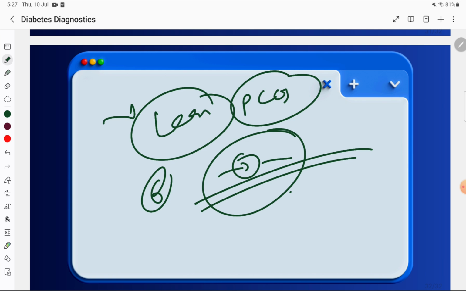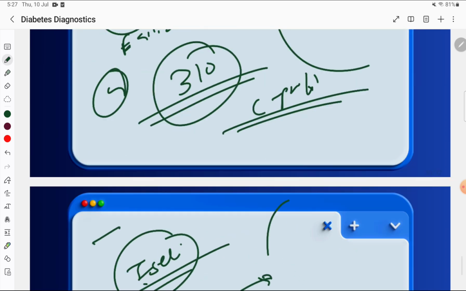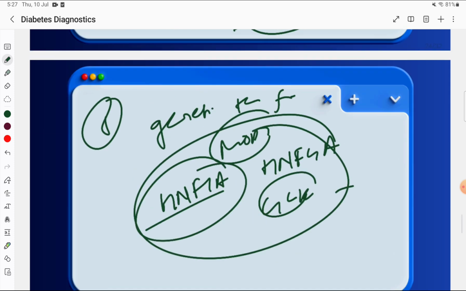Retinopathy takes 5 to 7 years to develop, hence screen for microvascular complications at diagnosis in type 2 diabetes mellitus. Okay, microvascular disease, my friends, let me tell you, is one of the worst outcomes of diabetes, and you must keep monitoring and keep checking.